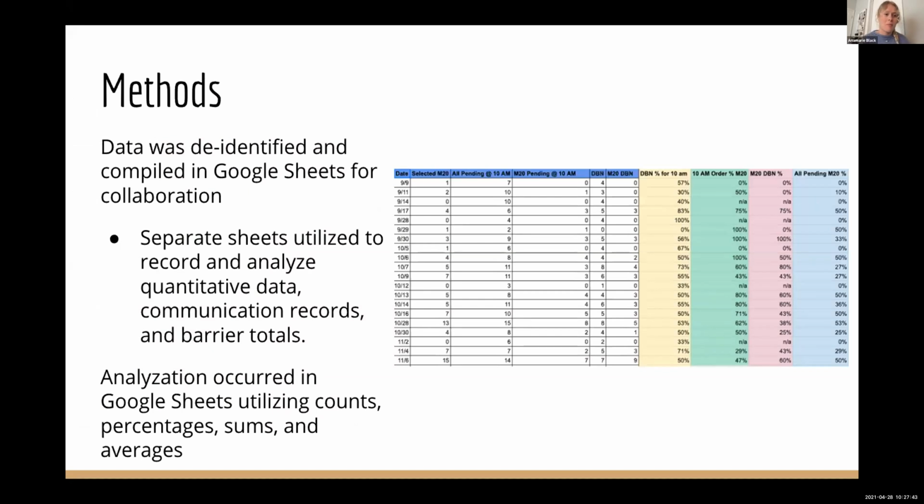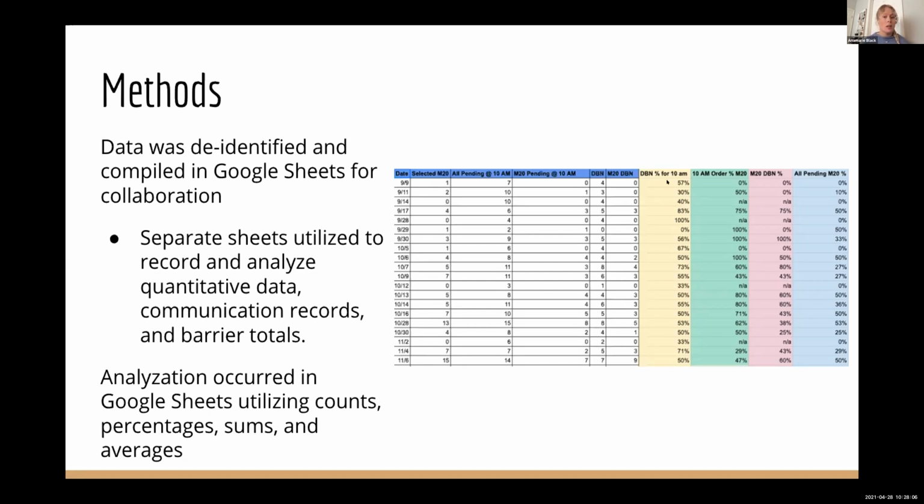Continuing on with methods, as Kelsey mentioned, all of the data that we collected was de-identified and entered into separate spreadsheets. With those spreadsheets, we were able to record and analyze data, specifically quantitative data, as well as communication records and barrier totals.